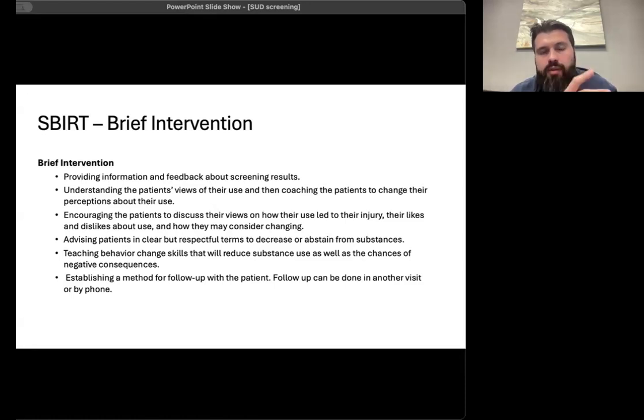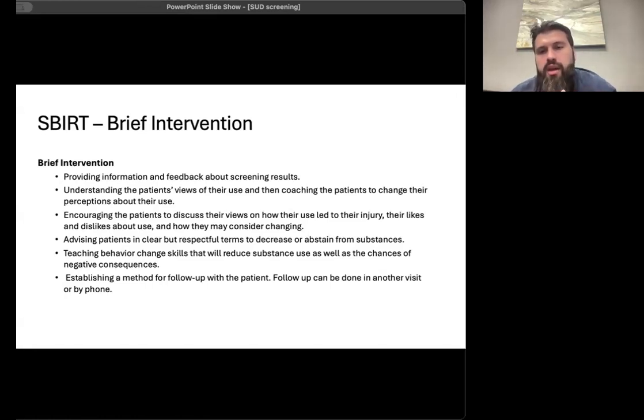And in summary, it's really providing information and feedback about the screening results, trying to understand the patient's views of their use and coaching them a little bit more on their perceptions about their use, encouraging patients to discuss their views on how their use led to whatever's going on in their lives, what they do or do not like about their use, and how they may consider changing, advising patients in a clear but respectful manner to decrease or abstain from substances, and then teaching behavioral skills that will reduce substance use as well as chances of negative consequences, and then tying that all up and saying, hey, here's a follow-up for this patient.